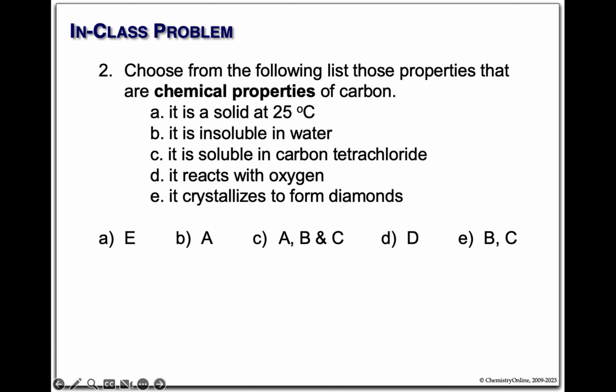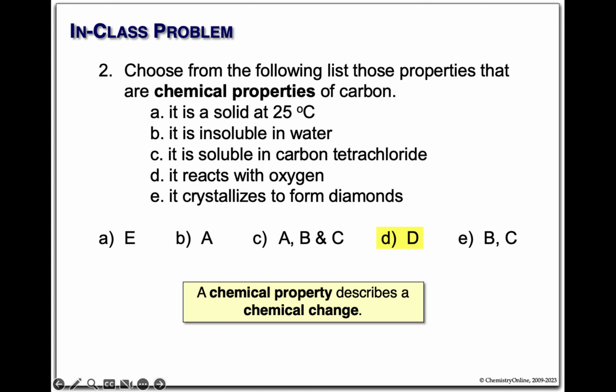New substance. This still is just a physical characteristic. This is a physical characteristic, and so is this. Diamond is nothing more than carbon. Reacting with oxygen is a chemical property.